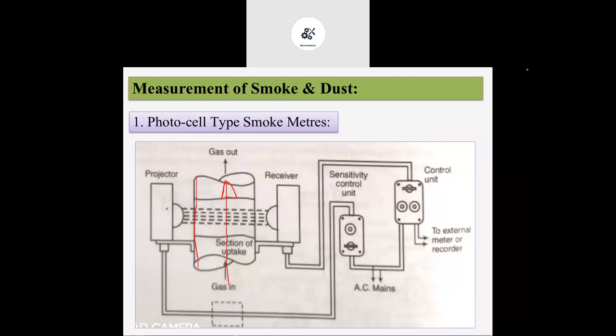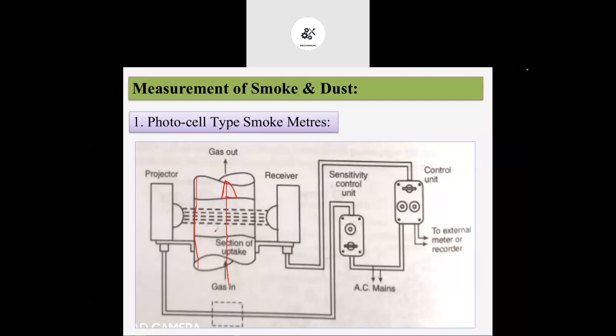So by using this projector and receiver, or the emitter and receiver, the amount of light which is projected by the projector and received by the receiver will be measured. If the amount of light measured by the receiver is high, then the flue gases contain less smoke and dust particles.